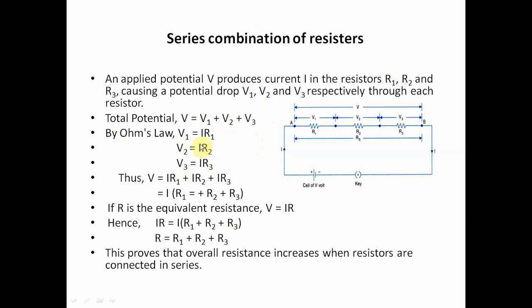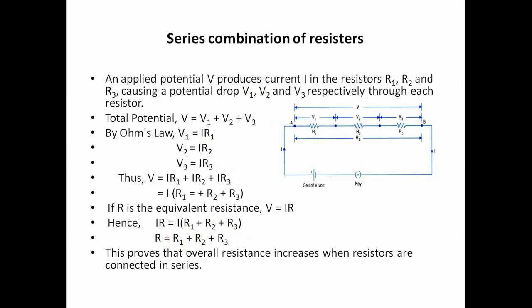Substituting these values in the first equation, V equals V1 plus V2 plus V3, we get V is equal to IR1 plus IR2 plus IR3. Taking I common, if R is the equivalent resistance of the combination, then IR is equal to I(R1 plus R2 plus R3), and with this we get the result R is equal to R1 plus R2 plus R3.